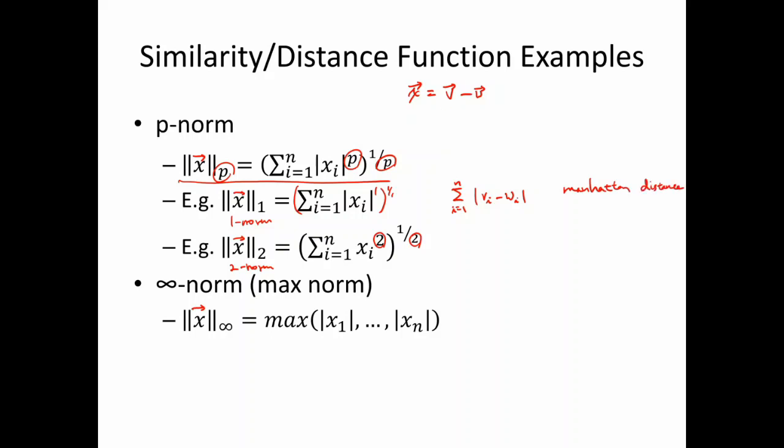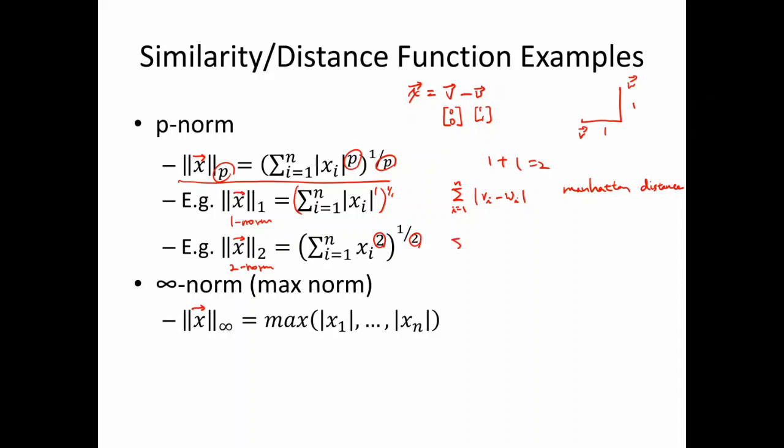So let's say v is (0, 0) and w is (1, 1). Then we're adding up the difference with respect to the x-axis, which is 1, and the difference with respect to the y-axis, which is 1. So our Manhattan distance is 2.